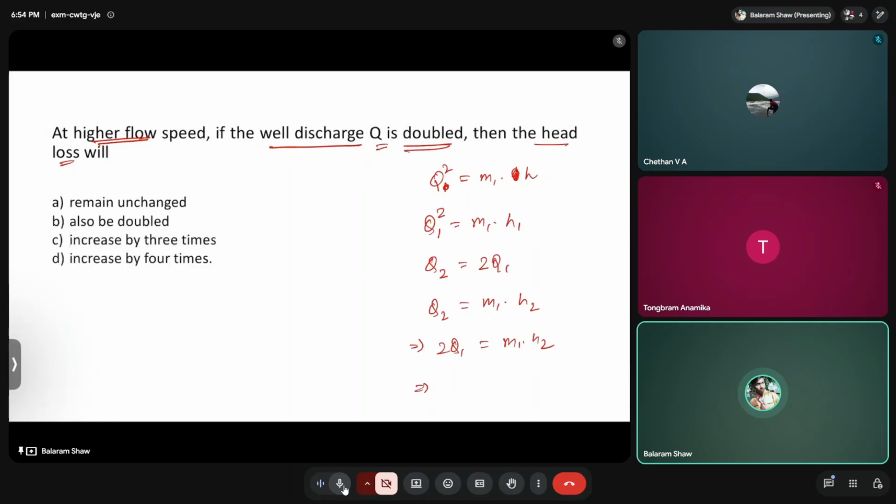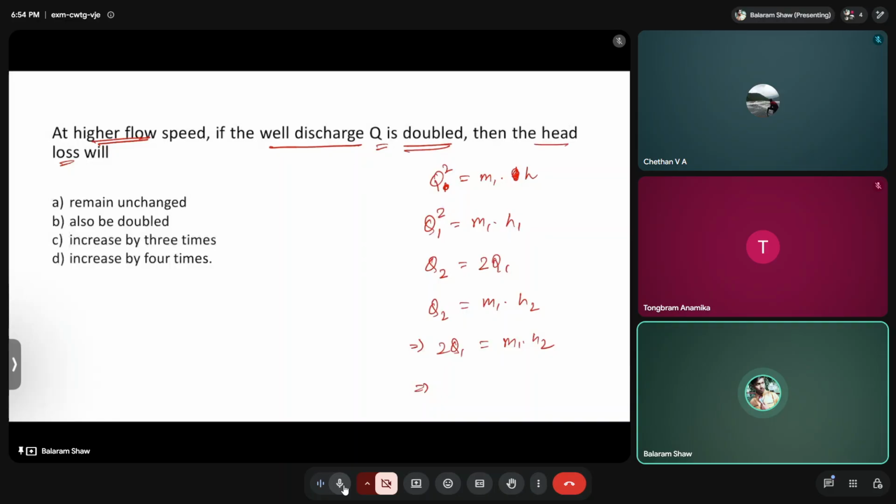Okay, so this only will explain the yield depletion curves. I'll come to this in the next slide. Fine. The next question is, a useful way of assessing the behavior of the well is to pump the well at different rates and measure the drawdown at each rate by what?